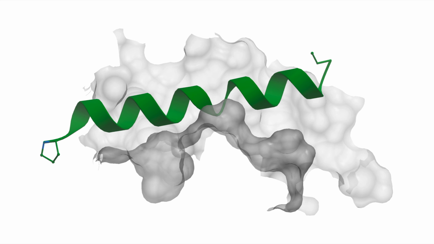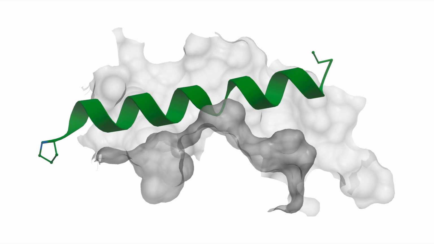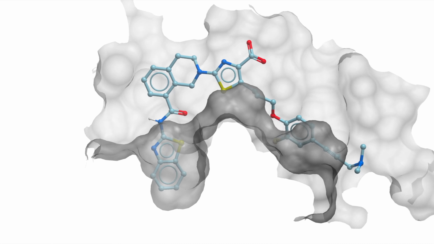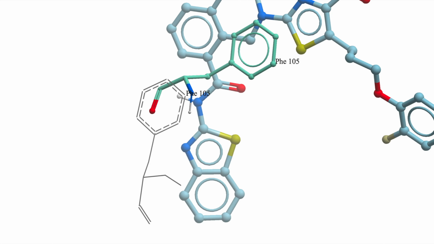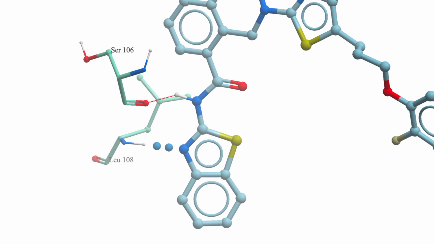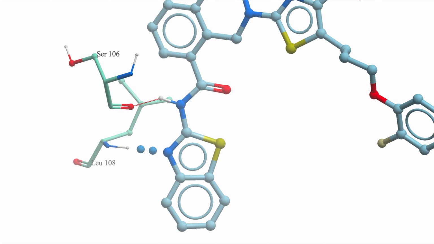In contrast, experimental Bcl-xL inhibitor A-1155463 displaces phenylalanine 105, creating a deeper P2 that is not observed in endogenous interactions. Hydrophobic interactions with P2 are strengthened by hydrogen bonding with serine 106 and leucine 108.